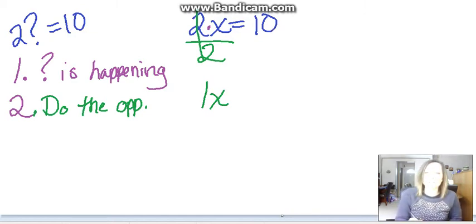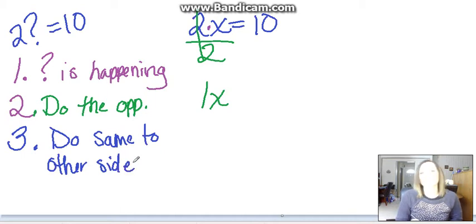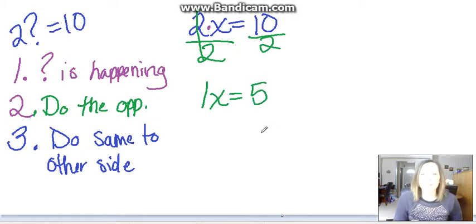So that's our step 3. Step 3, whatever you do to one side, you do the opposite, and then do the same to the other side. So we divided by 2 on that side, we have to divide by 2 on this side, and look, it's 5. I hope you knew that.